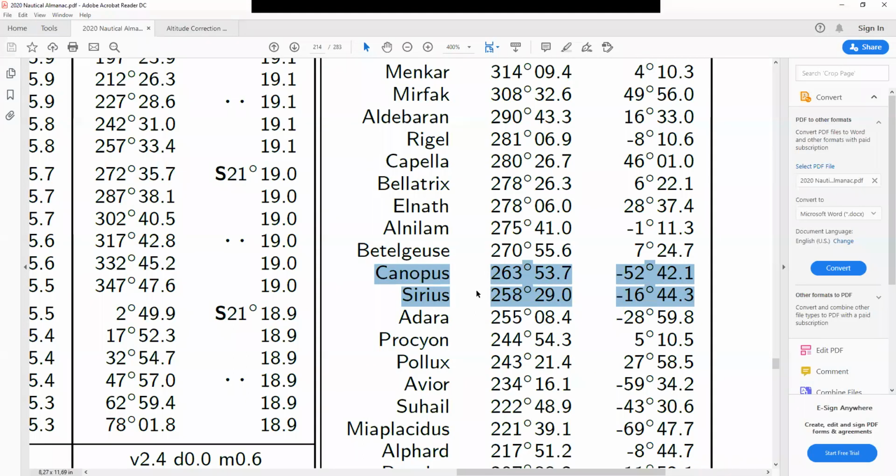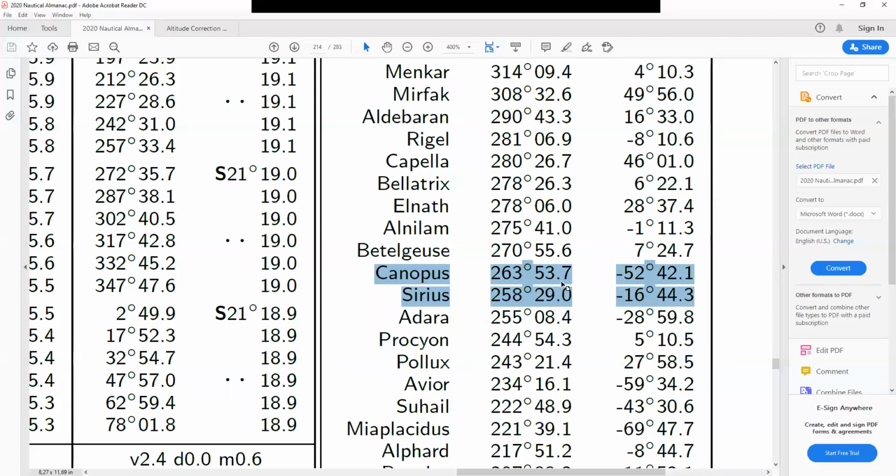So you can take this down. The first star is Canopus. It's got an SHA of 263°53.7′. The value on the right, which is negative, is the declination.